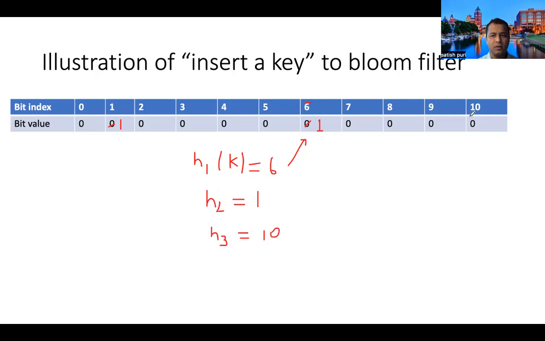So you'll go to location 10 and mark this as 1. That's how Bloom filter remembers that a particular key, an arbitrary element, was inserted, right? So that's the basic idea.